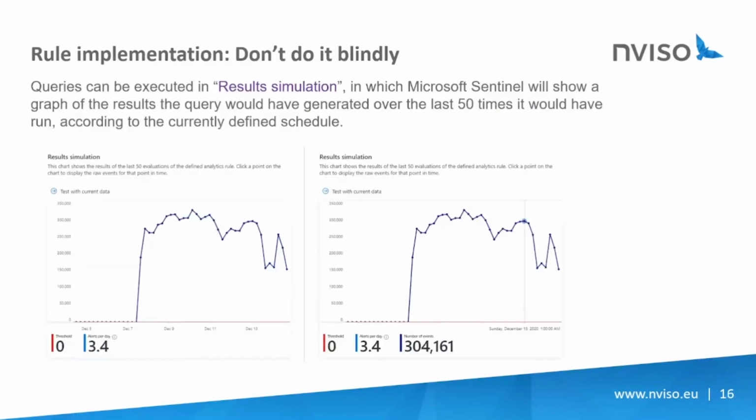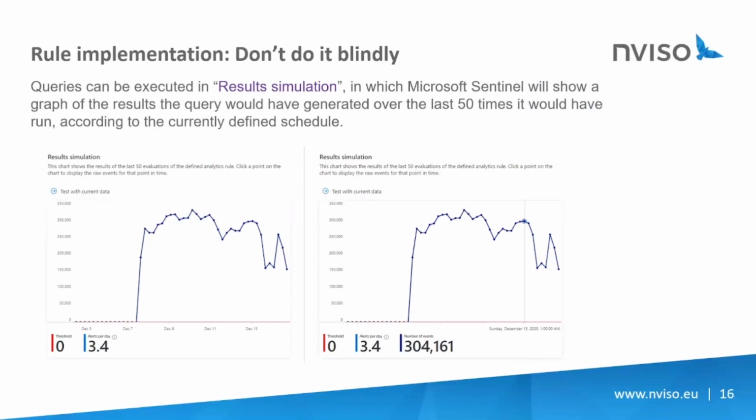So, okay, we've got all kinds of different rules we discussed, right? So let's get to implementing some rules. Well, when you've got a rule, it's not like you're gonna implement it blindly in a production environment.